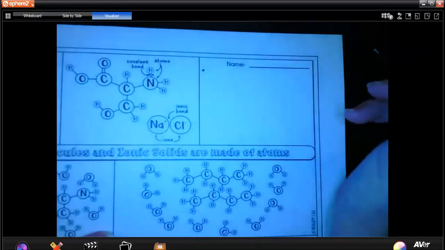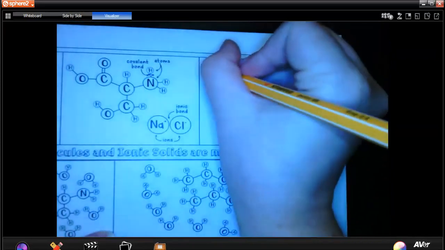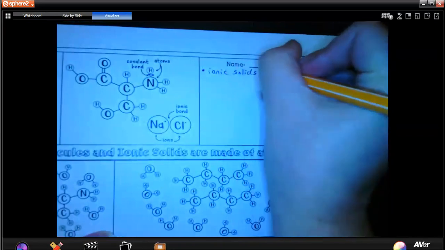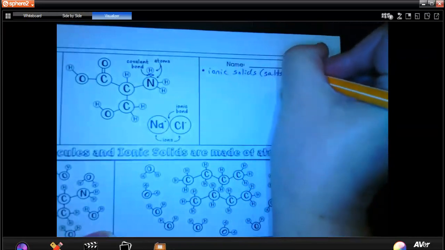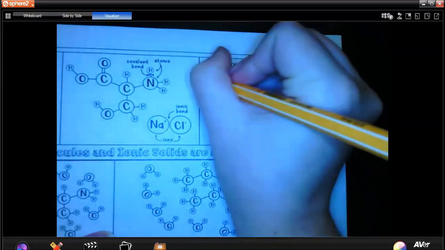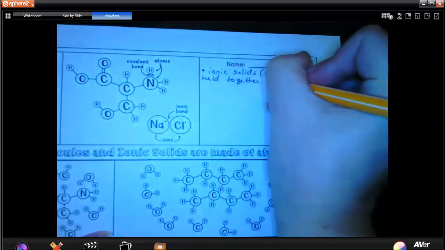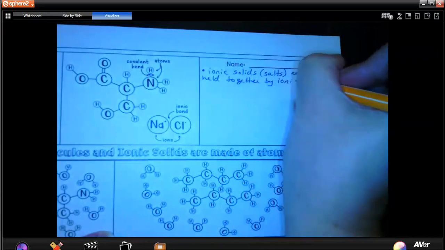Ions, or ionic solids, so salts, and I'm even going to put salts in parentheses here, are held together by ionic bonds. Okay? Ionic bonds, I've already said, is a taking of an electron.